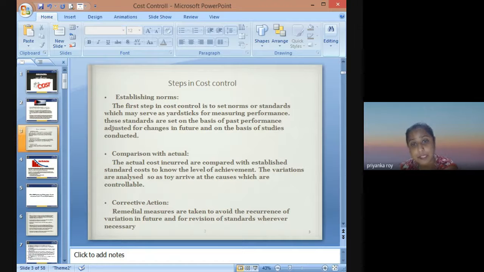The variations are analyzed to arrive at the causes of controllable amounts. Then corrective action or remedial measures are taken to avoid recurrence of variations in the future, with revision of standards wherever necessary.